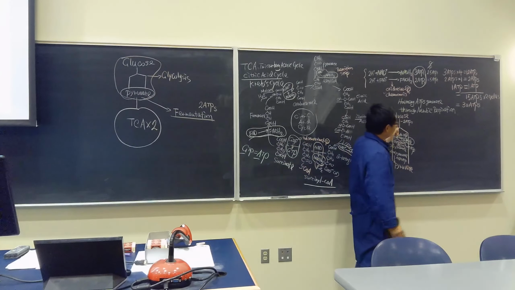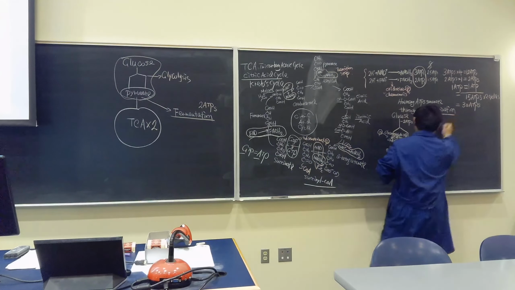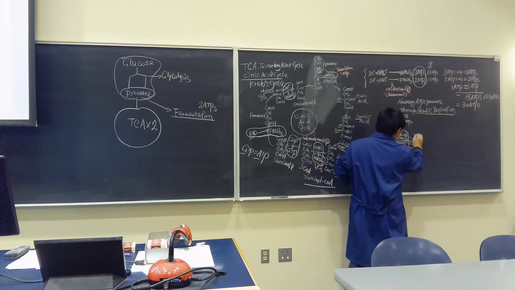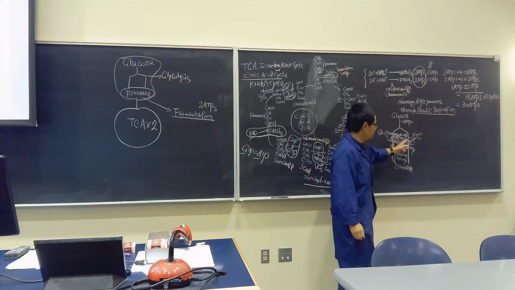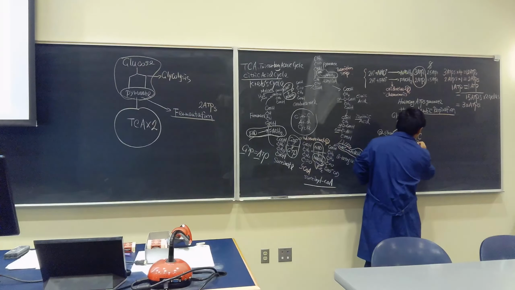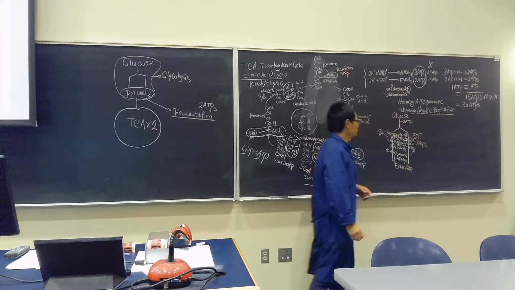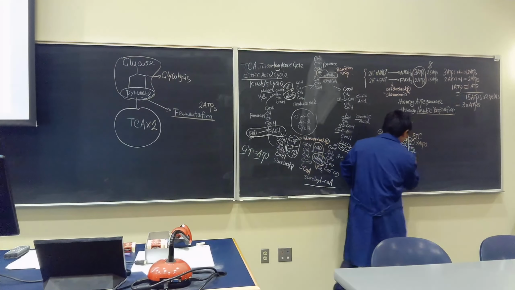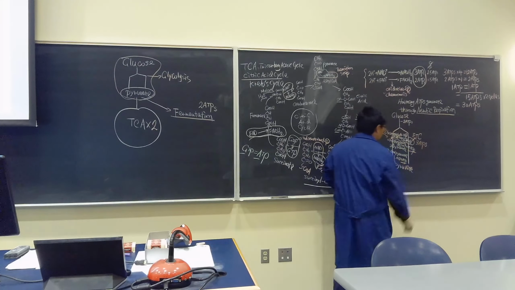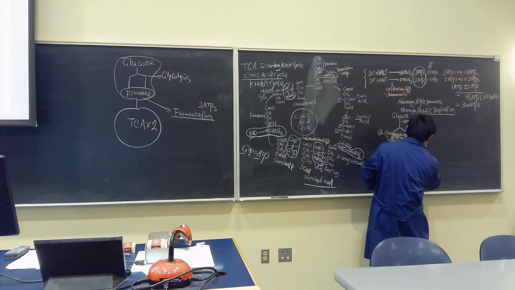If this is involved in aerobic respiration, this NADH goes to the electron transport chain. So how many ATPs are generated there? It is 3 ATPs. So how many are generated here? That is 1, that is 1, that is 3. So that is 3 plus 1 and 1 for one branch.